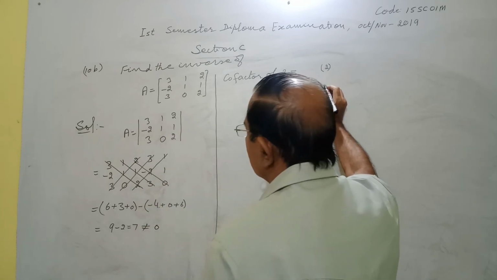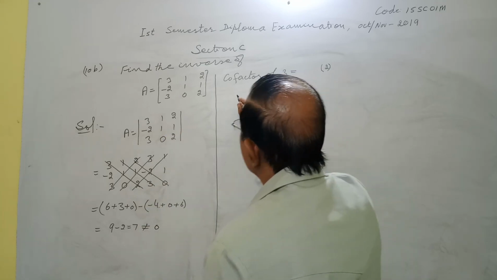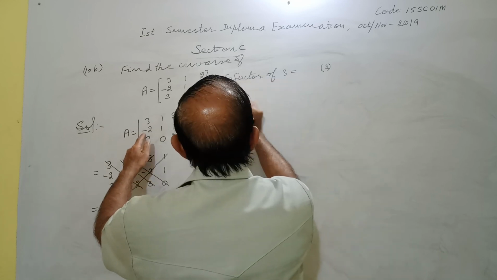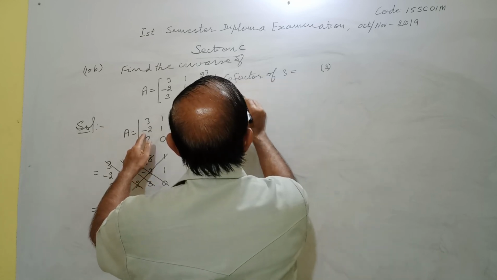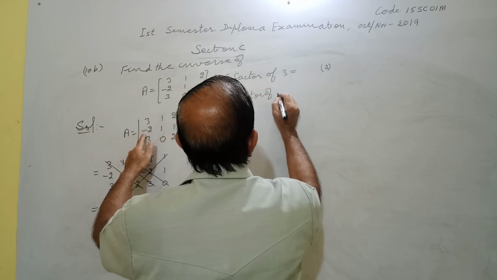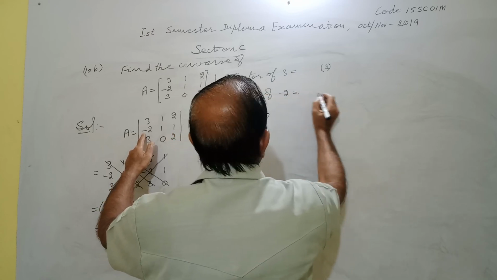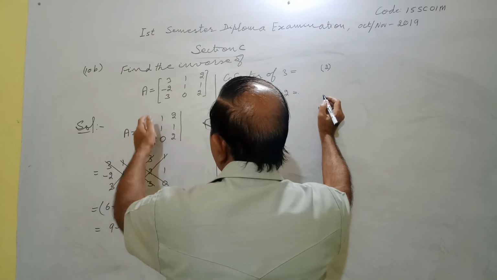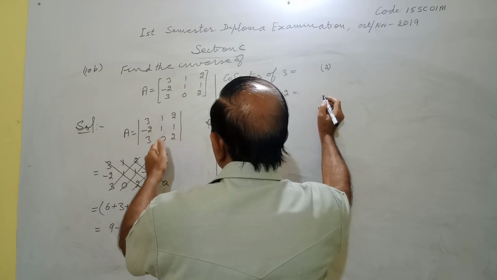So 2 minus 0, 2. Then cofactor of minus 2, row and column, 2 minus 0.